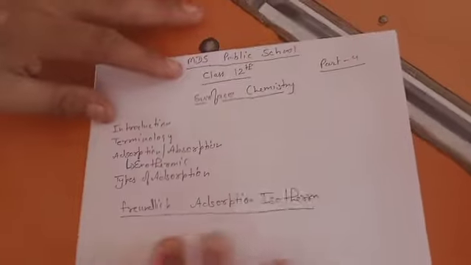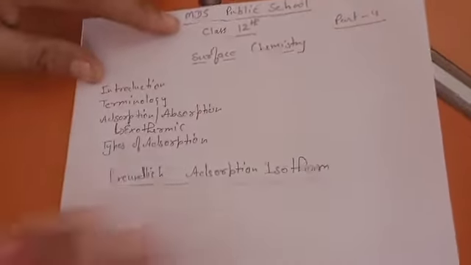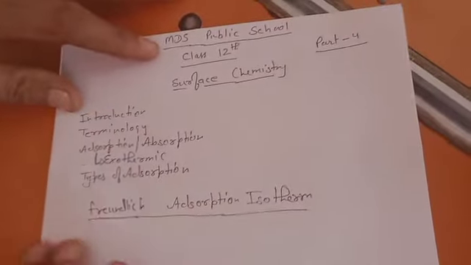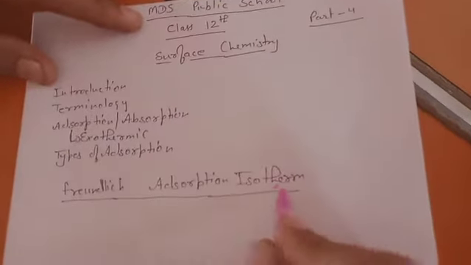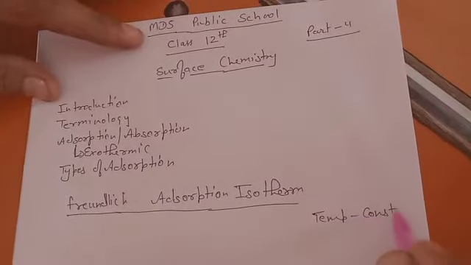A few terms we are going to use in this Freundlich isotherm. What is he actually establishing in this adsorption? Isotherm means the temperature remains constant throughout this whole process.